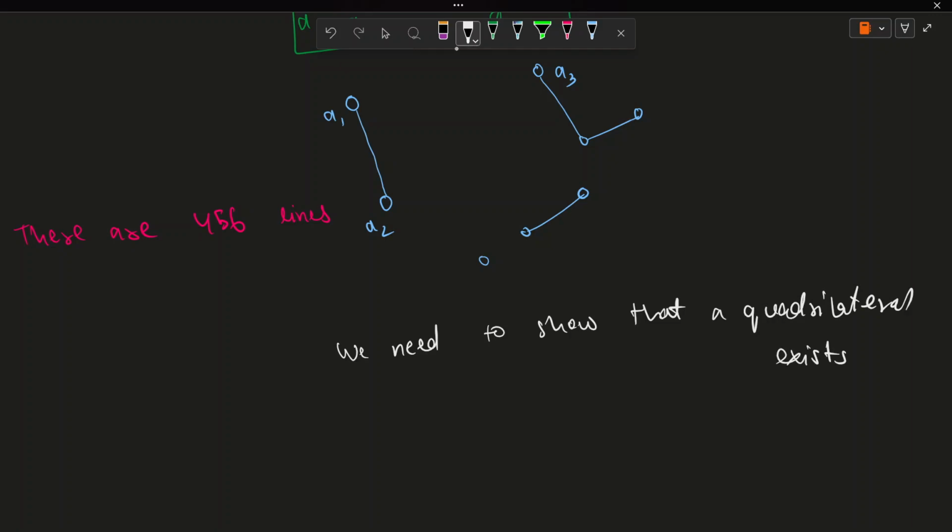So basically the condition which was given is AB equals BC equals CD equals DA equals 1.